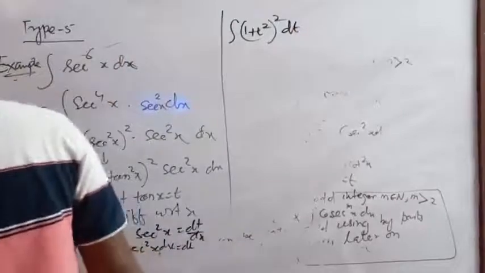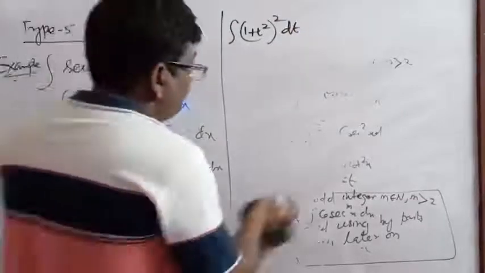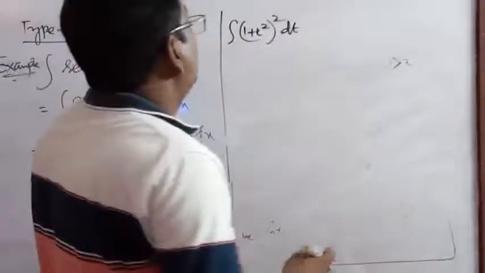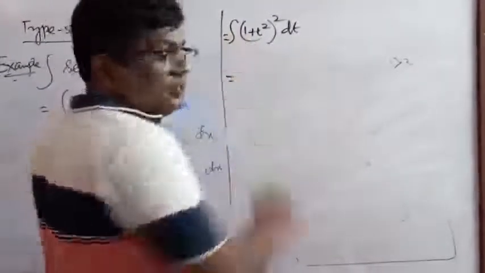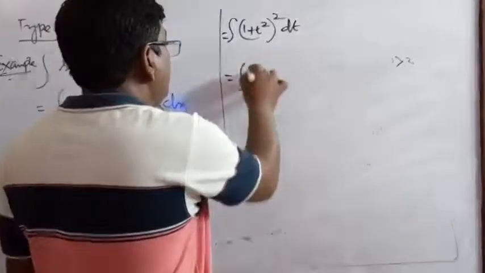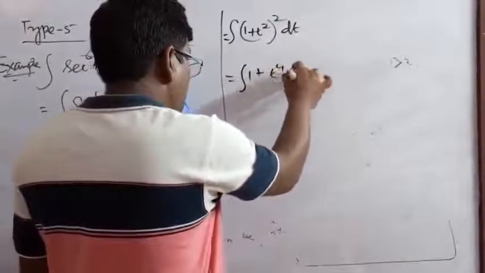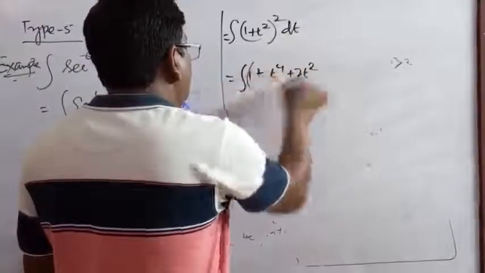Now use (a plus b) whole square: a square means 1, and b square means t fourth, plus 2t square, dt.